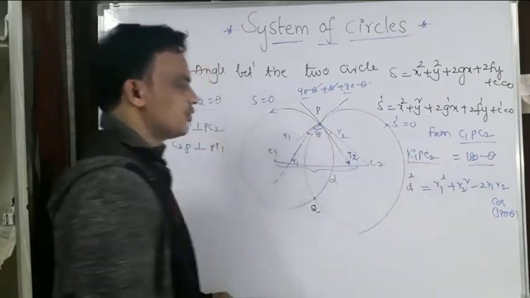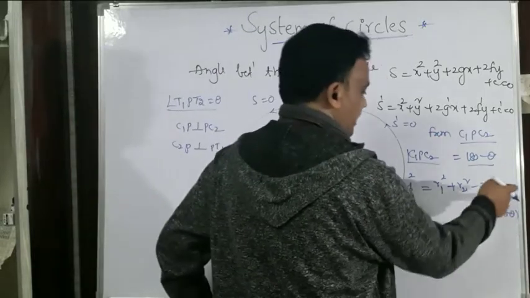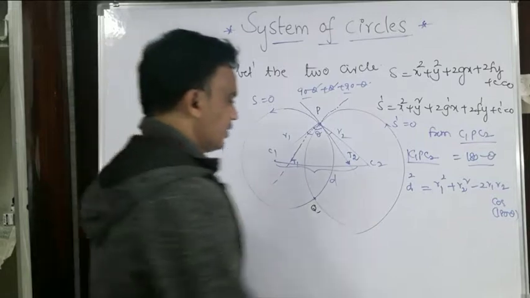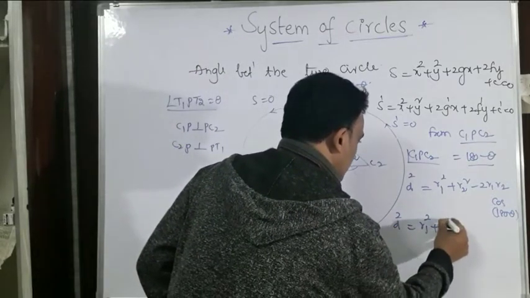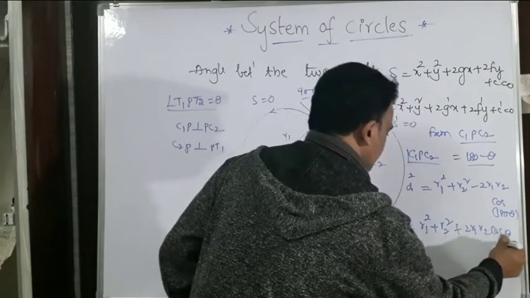Just now we discussed that this is 180 minus theta, and cos of 180 minus theta is minus cos theta. So d square equals R1 square plus R2 square plus 2 R1 R2 cos theta.